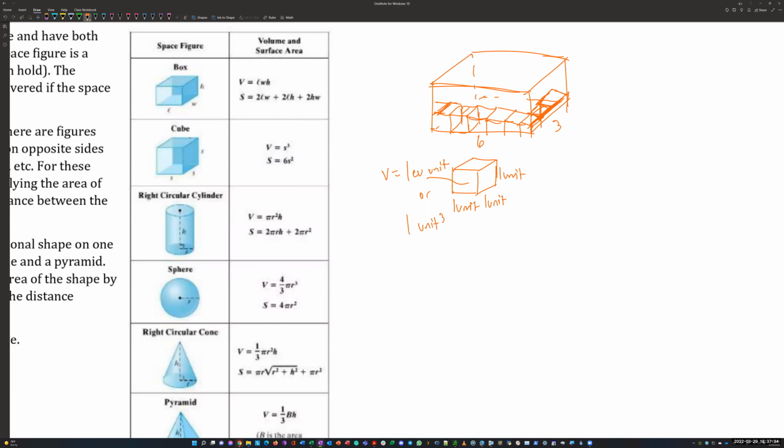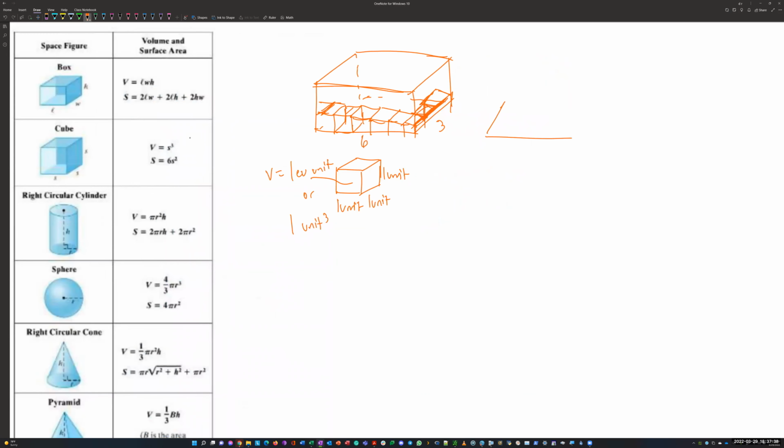So that means there would be like 18 on this bottom base. Then if I started saying how high it was, let's say there was 1 cube here, 1 cube there, 1 cube there. It's sort of like each one of these things, there would be 18 here, there'd be another 18 there.